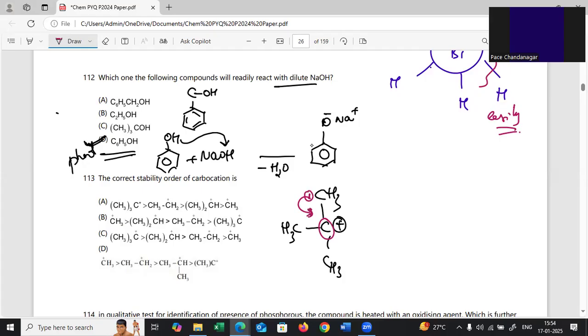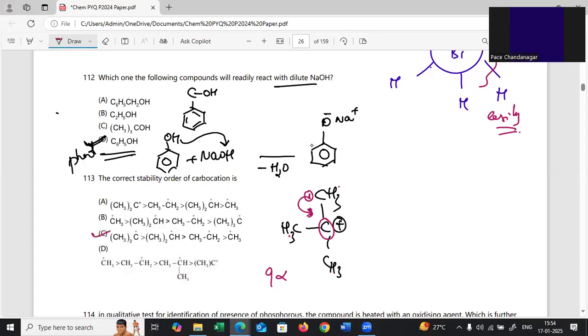So there is scope of a double bond here, right? Which means there is a chance of more stability. So here 3, 3 and 3, you have totally 9 alpha hydrogens.